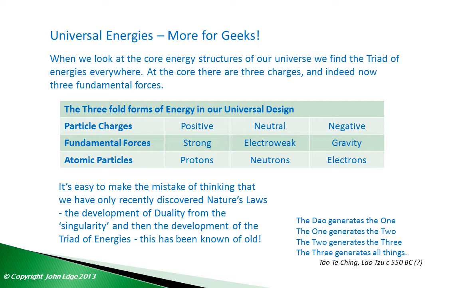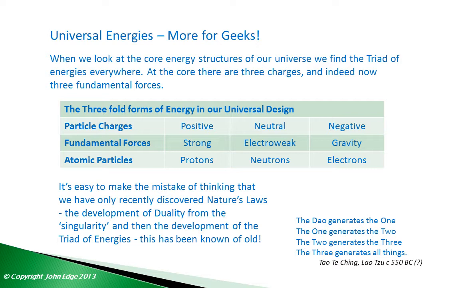Now, it's very easy, isn't it, to make the mistake of thinking that, well, we've only recently discovered this in the 20th or 21st century thanks to science, the development of the duality from the singularity of the Big Bang, and then the development of the triad of energies from that. But amazingly, this has been known by the human race of old.